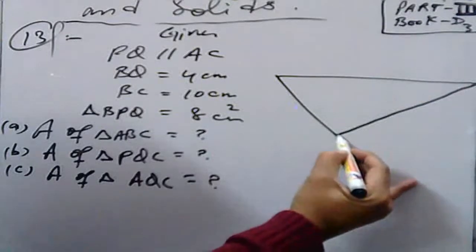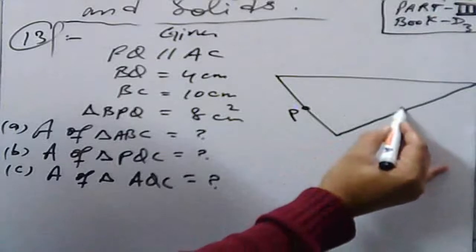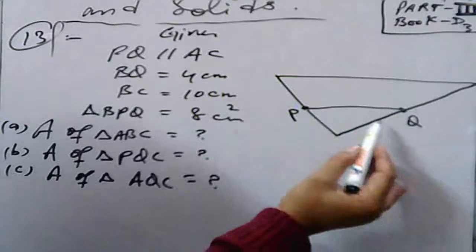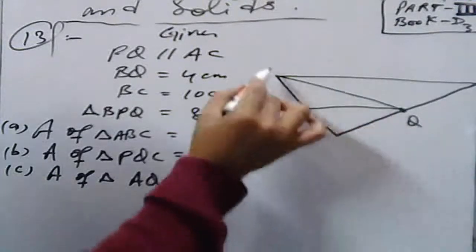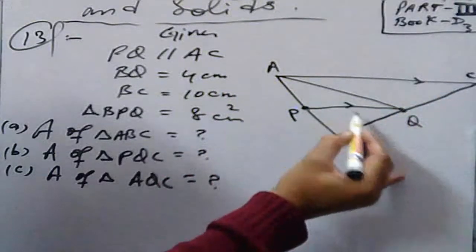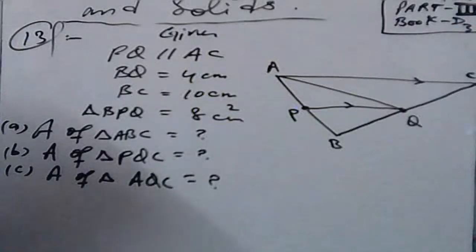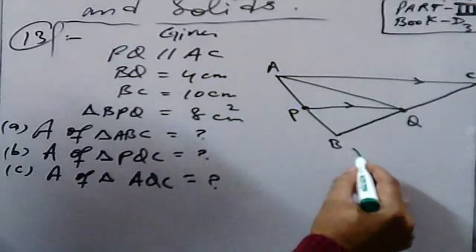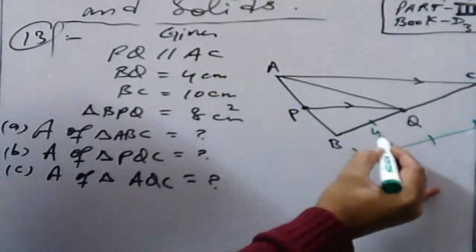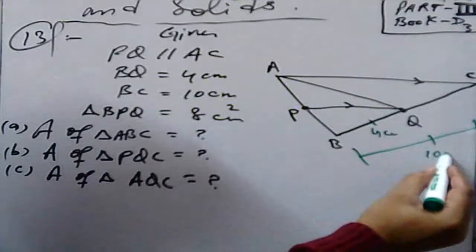You can see here that portion is your P, and that portion is your Q. So join this, and this vertex is joined with this, so this one is your A, C, and this one is your B. So the full length up to here is 4 centimeter, and the total length is 10.